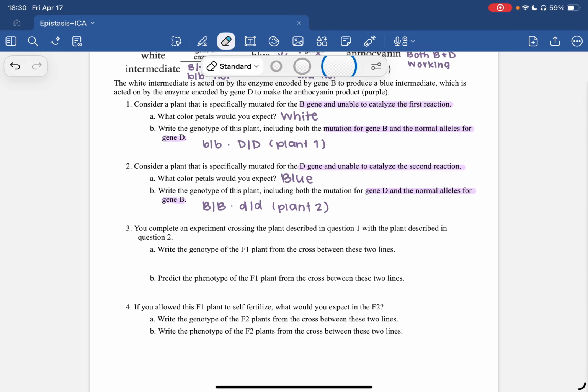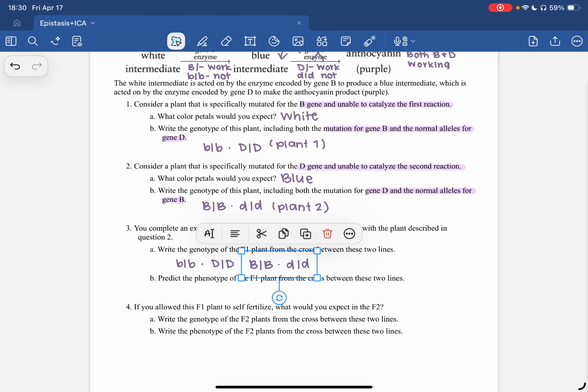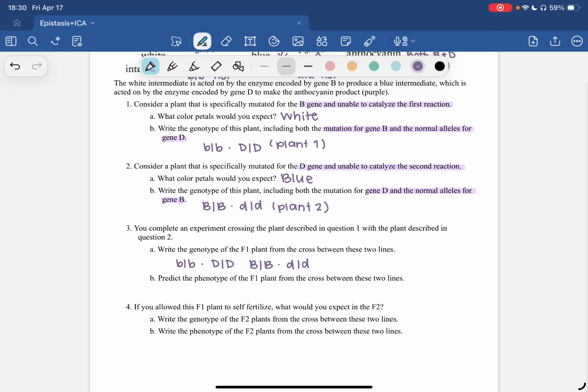So again, we are just taking this individual right here, and we are crossing it with the individual right here. And make sure, don't forget to put X to show that you're crossing the two.